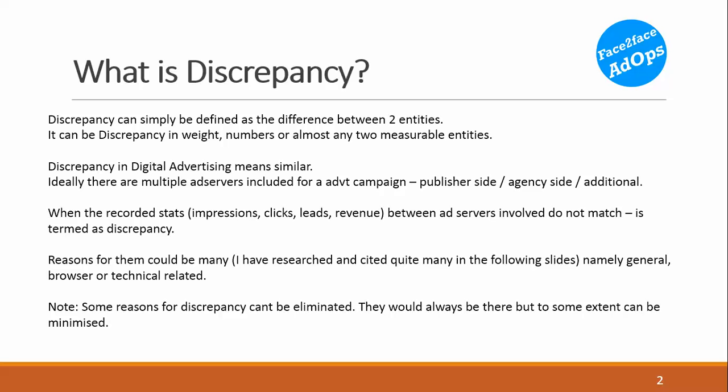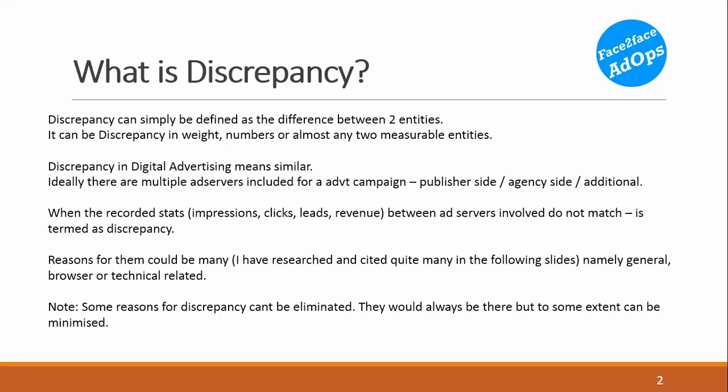You came home and, before you opened it, you measured it with your weighing scale, and you saw it's actually 800 grams and not 1 kg. So the discrepancy here is 200 grams. So we have a parent number, we have a secondary number, and the difference between them is called discrepancy.